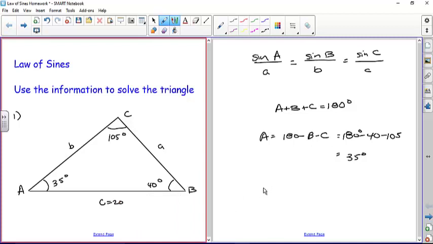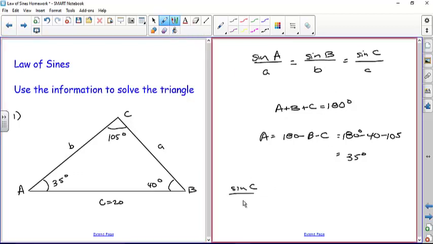Now, as far as the other sides, we can use the ratio, so we know that the sine of C over C is equal to the sine of B over B. So we don't know side B and we don't know side A. So if you take this ratio, which is the last two terms in the law of sines, and solve for B, what you would do is you take this B, which is in the denominator, move it to the left-hand side, which means it goes to the numerator.